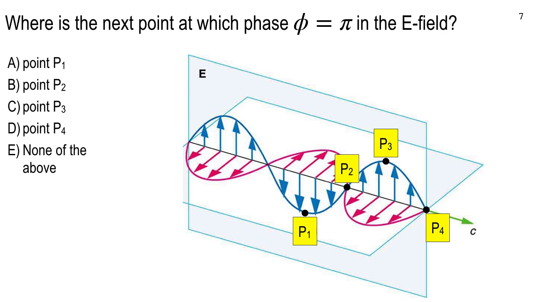Where's the next place where phi is equal to pi? Greek letter phi, lowercase phi, is frequently the symbol for the phase, because it's a PH sound, I guess.